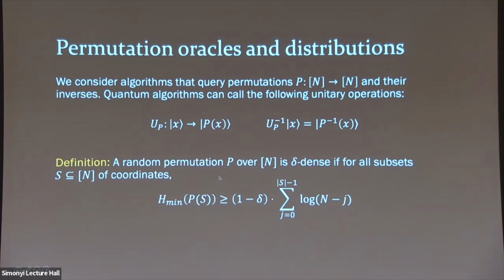If you have a random permutation over capital N, then when you look at any subset S of coordinates of the permutation, the min entropy of the marginal distribution is 1 minus delta of the maximal amount. And this summation is just the entropy of a uniformly random permutation on that subset. We're just looking at a 1 minus delta fraction of that.